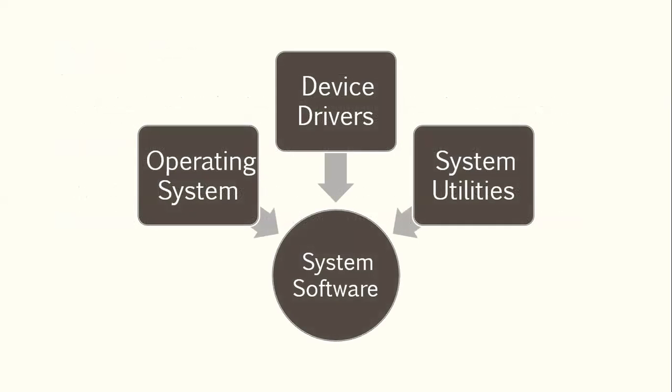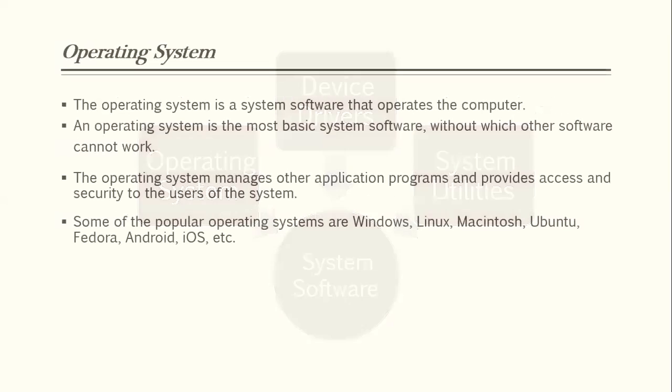The system software are further divided into 3 parts, which are operating system, device drivers, and system utilities. Operating system is the system software that operates the computer. So we have Windows, Macintosh, Android, all these are operating system software.